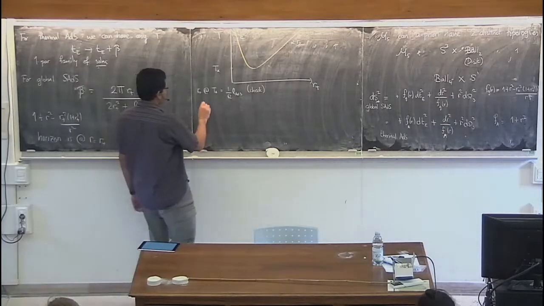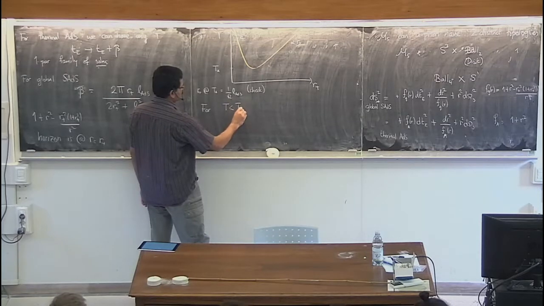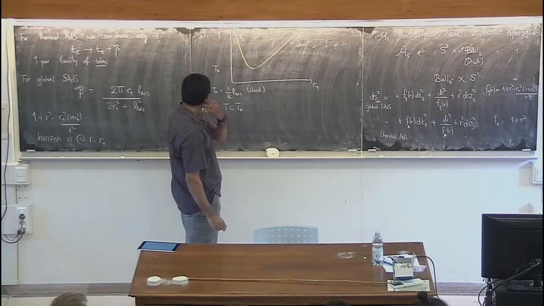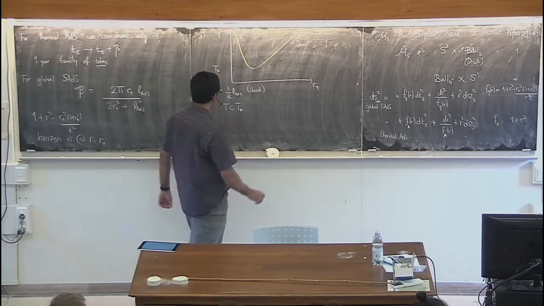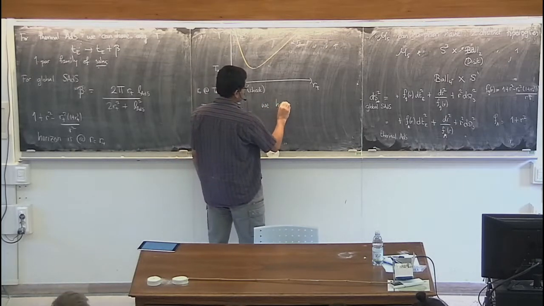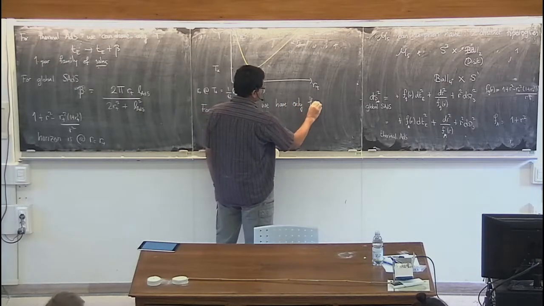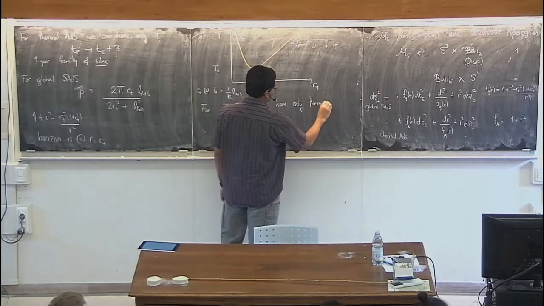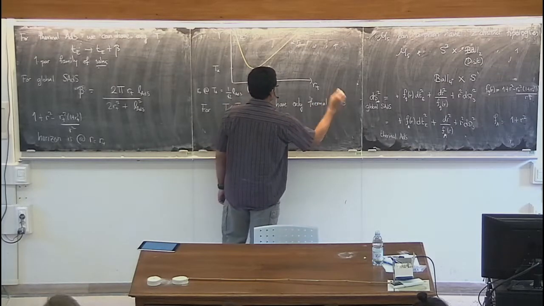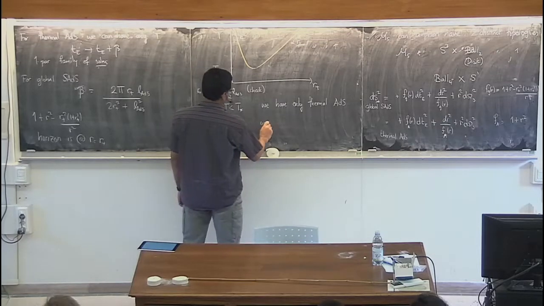So for T less than T star, the turning point, we have a unique solution which is thermal ADS. But for T bigger than T star, we have three solutions.